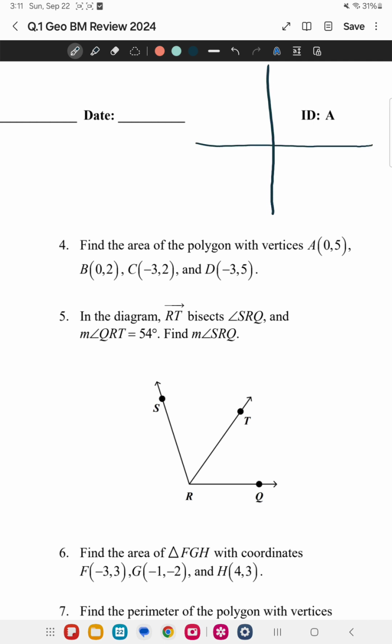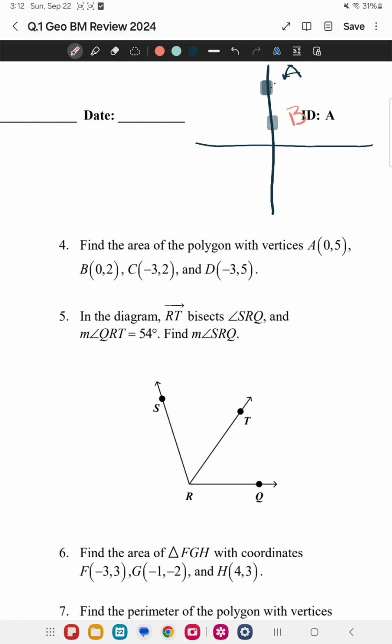It's not going to be a very good one. (0, 5) is going to give me somewhere around here, and that's going to give me point A. And then I have (0, 2). It's going to be right here. And that's going to give me point B.